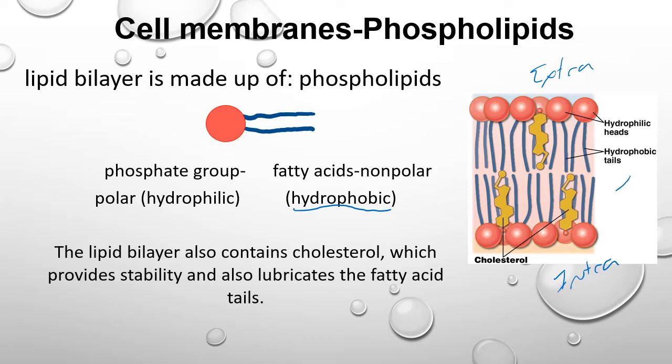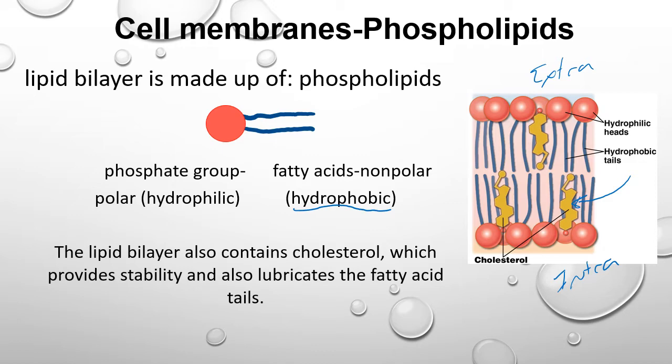In addition, we're going to have upwards of about 20% or so of the entire phospholipid bilayer made up of cholesterol. So we do need some cholesterol in order to maintain the integrity of those membranes. This is going to provide some of the stability and resiliency of the membranes as they sit there in the plasma membrane.